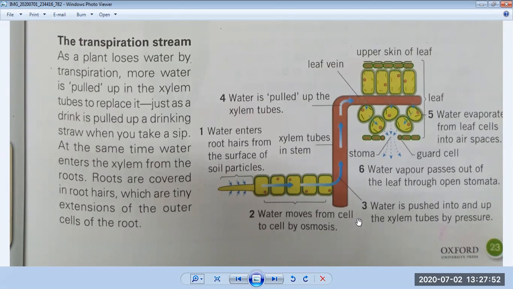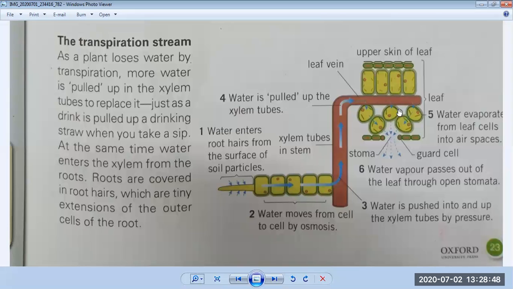We all know in the stem, all cells stems have outside the soil, so they push up the water. Now you can see number 4, water is pulled up by the xylem tube. So this water is pulled up by the xylem tube.